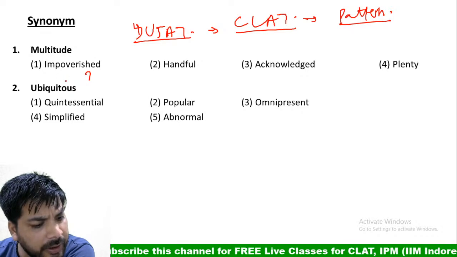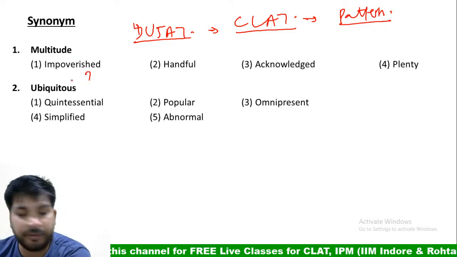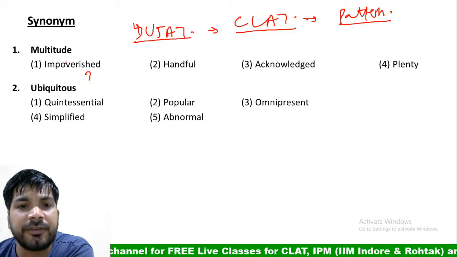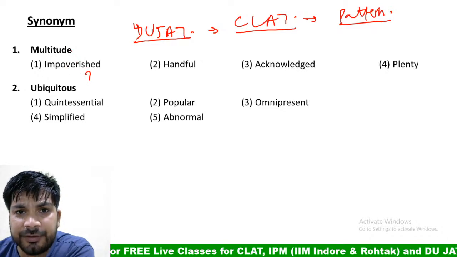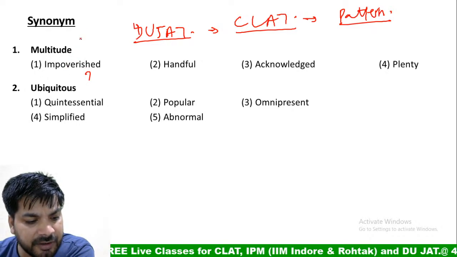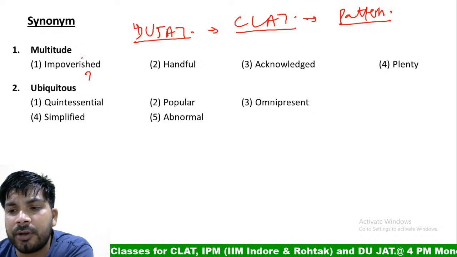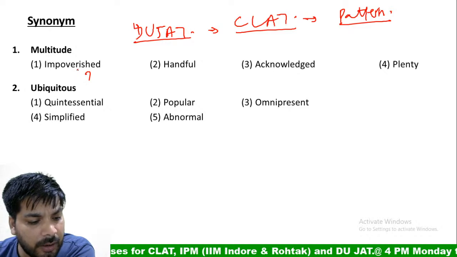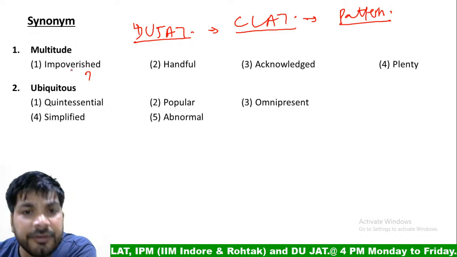Good evening, everyone. Let us all start solving these questions. The first is multitude. We have to find the synonym, ladies and gentlemen. I request you all to keep on giving me answers so that I may give you very good practice over these questions.